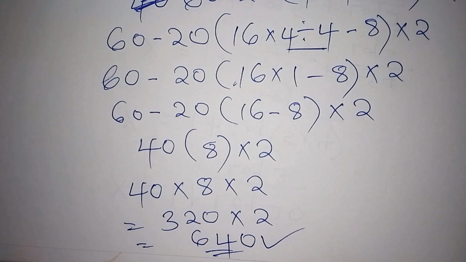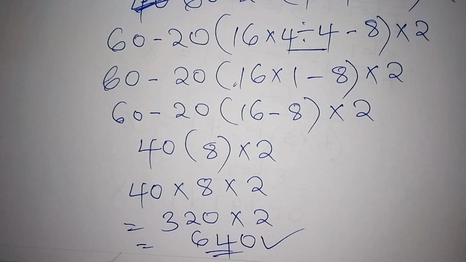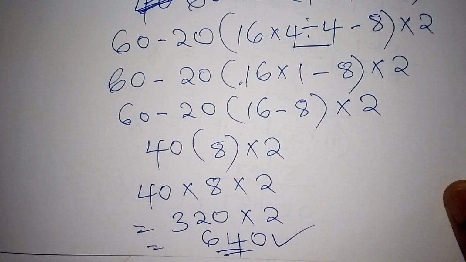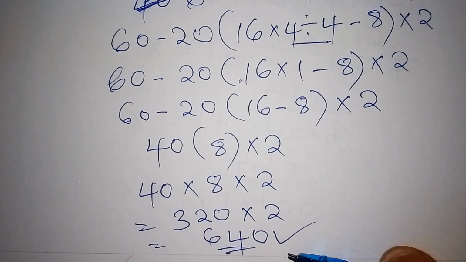So 640 is the correct answer. You can see the difference: in our first method we got 480, and in our second method we got 640. If you happen to get 640, then you've done it the correct way, using the correct order of operations, BODMAS or PEMDAS. All of them work perfectly when you put them together.